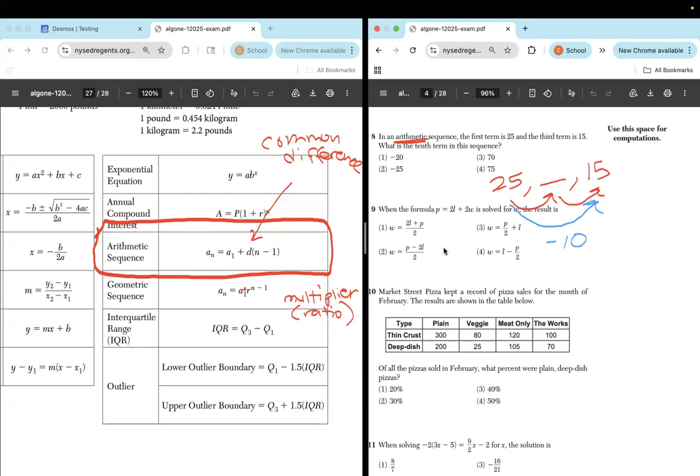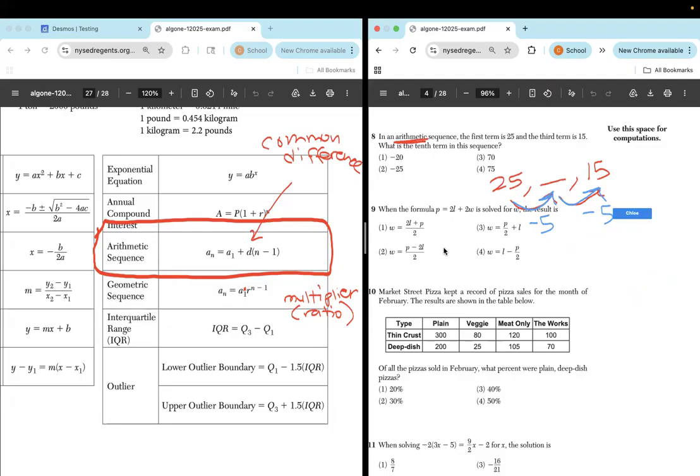But we have it happening twice, one from the first term to the second term, and then from the second term to the third term. So basically we have a subtraction of 10 in total, but we have to make that happen twice. Or we have to subtract two things to subtract 10 total. So basically we have to divide negative 10 by 2. We can get 5. But you could also do that with a little bit of trial and error. So my common difference here is negative 5.